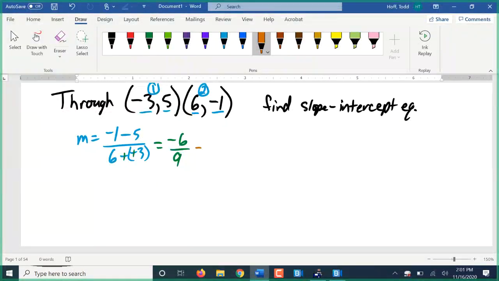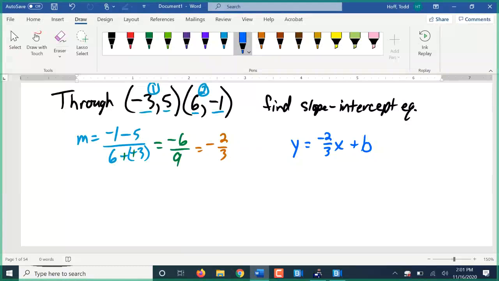So that reduces to -2/3. So I start out my equation, y equals slope times x, so y equals -2/3 x, plus my y-intercept, b.